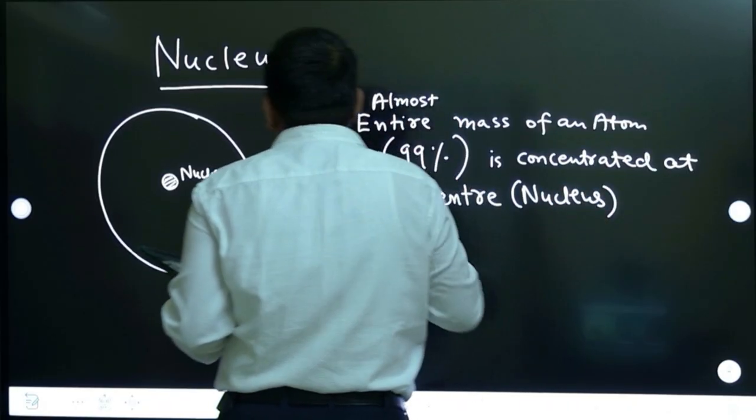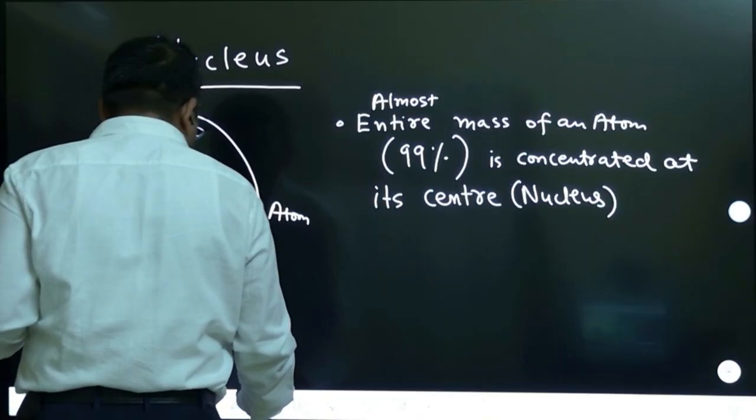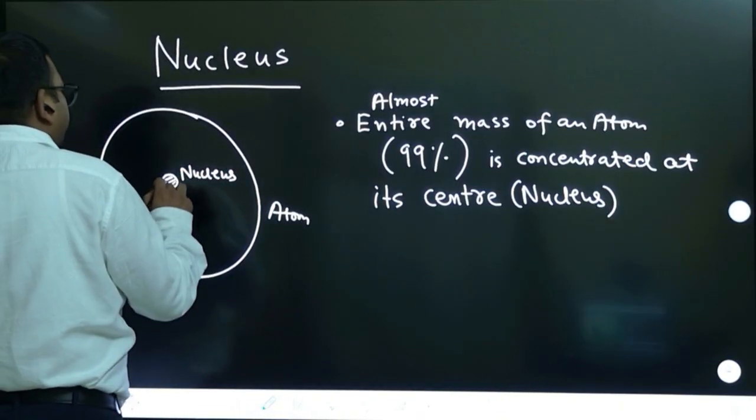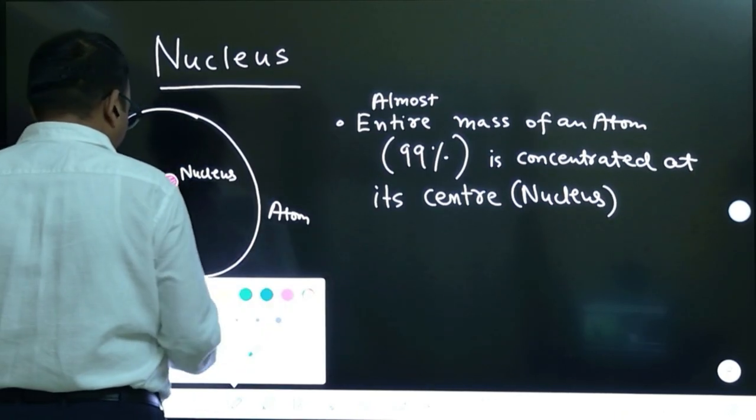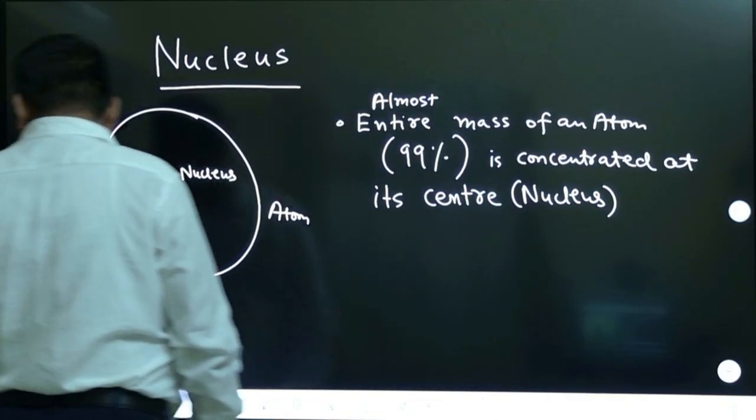That means most of the atom is empty, and whatever the mass is there, 99% of the atom's mass is concentrated here only. Here everything is empty. Okay, that's the important point.